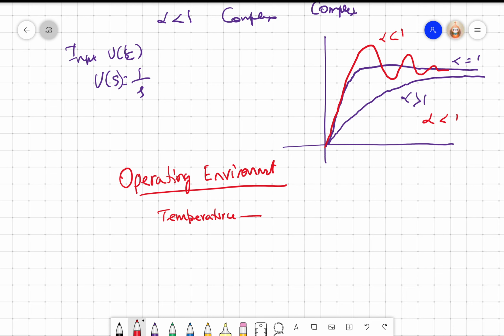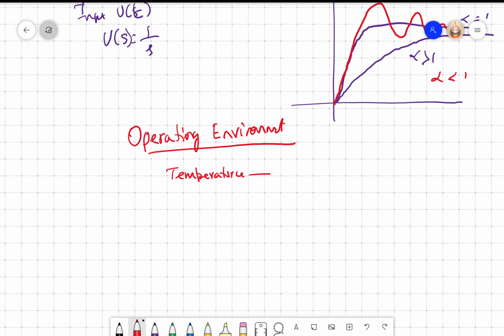The second parameter, when I talk about environment, is humidity, right? So this is water vapor in the atmosphere. For example, if you are in a desert, there will be absolutely no water vapor in the atmosphere, especially during the noon hours.